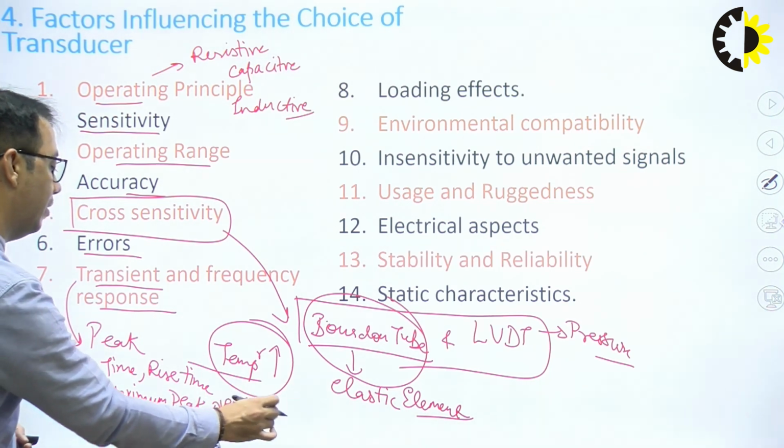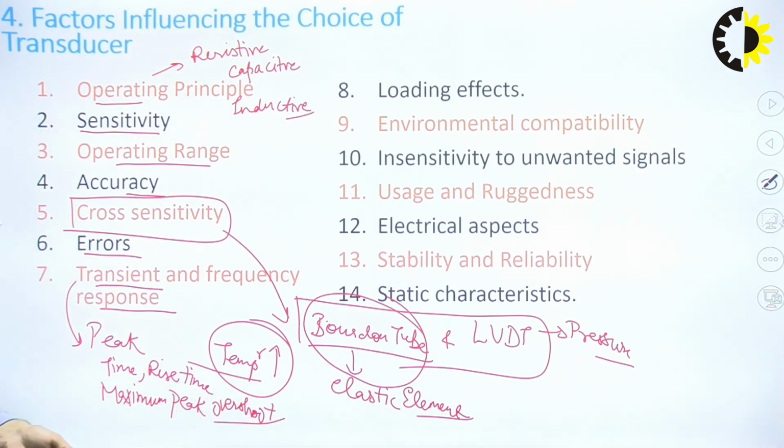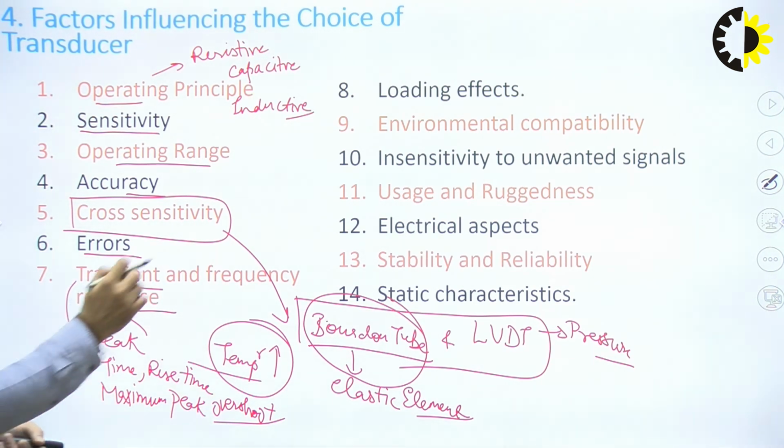So a transducer should meet all these requirements of its transient behavior. If it is not satisfying these parameters, then we should not go for that particular transducer.